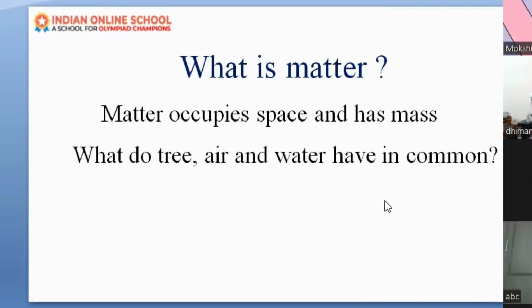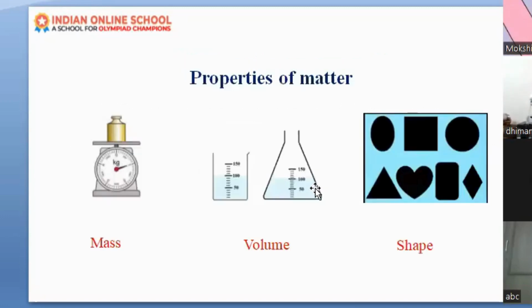Very good observation. Molecules. Here comes the new topic in the picture, that is molecules, which I have to explain to you in detail. But what else is common in all these things? As well as, they are all taking some space or not? Yes, ma'am, they are taking space. Very nice.